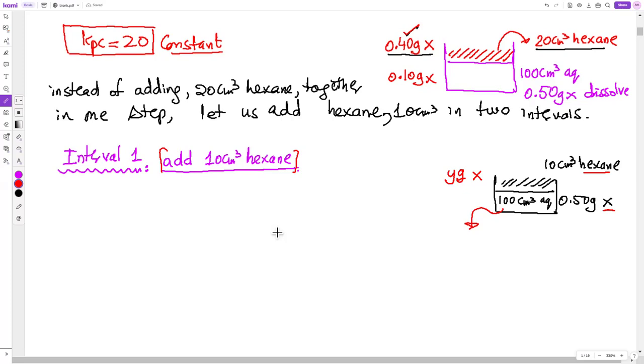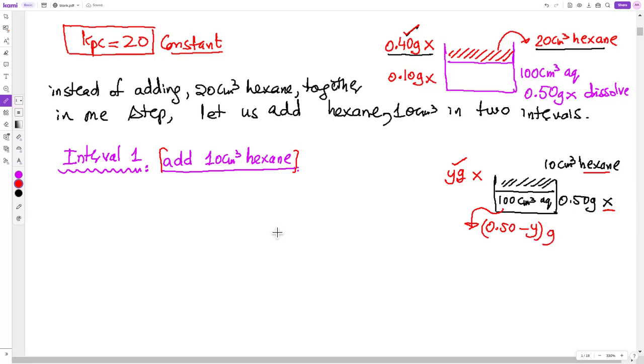We decided that Y gram of X dissolves in hexane. So how much is left behind in water? Won't it be 0.5 minus Y? Yes, sir.